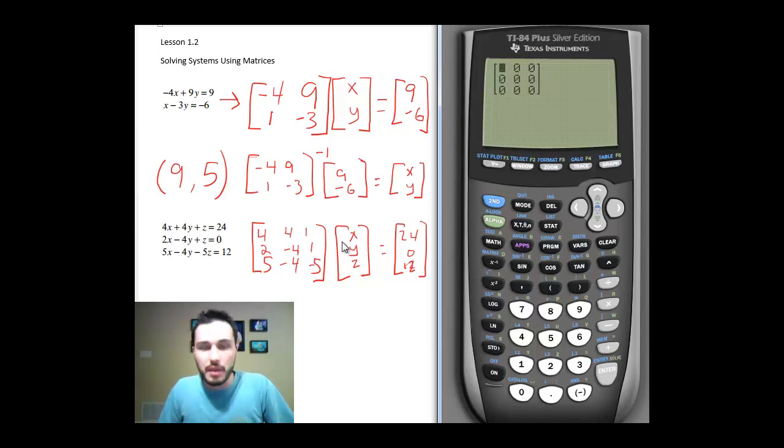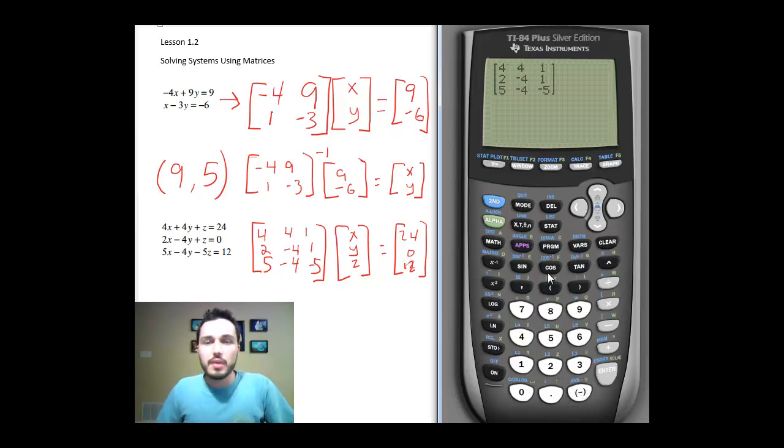That's why I want to write it by hand, so we can visually see that these things are matching up. And now I just need to type my numbers back in. So I got 4, 4, 1, 2, negative 4, 1, 5, negative 4, and negative 5.